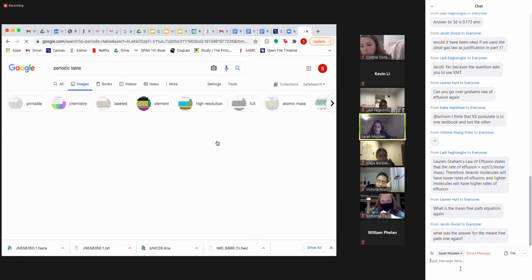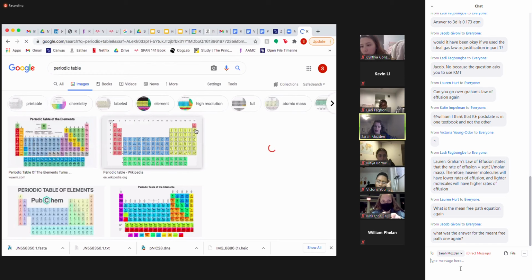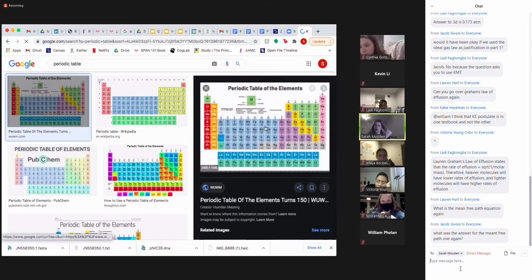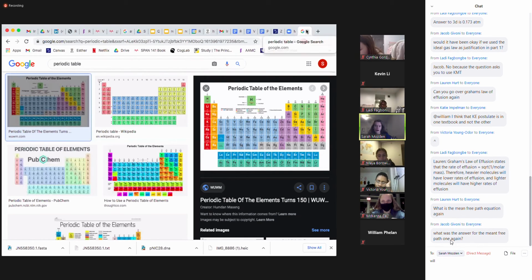You would inherently know that neon, which is a noble gas, and argon, which is a noble gas, so the decreasing across doesn't have an impact. The only thing that's going to matter is the increasing down. Neon is this one here, it's 10, and argon is 18. So neon will be smaller than argon. You don't actually know the number, but you know them relative to one another.